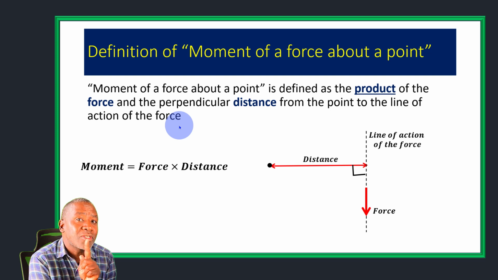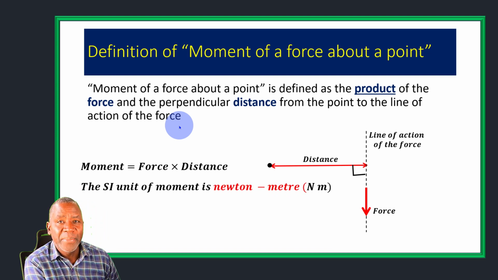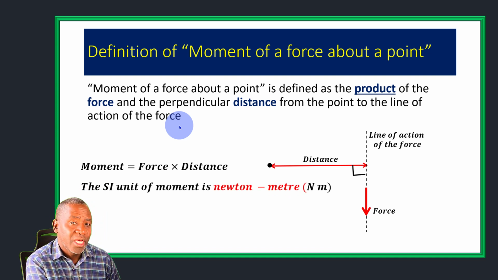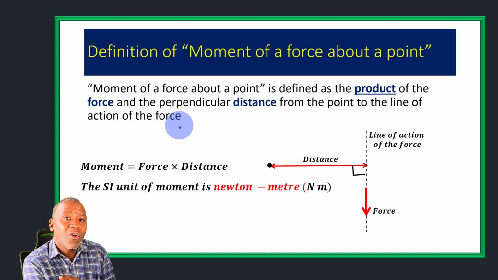That is the Newton meter. Be careful here, it's not Newton per meter, but Newton meter. Newton per meter is the SI unit of another physical quantity we refer to as spring constant. So just be careful here.